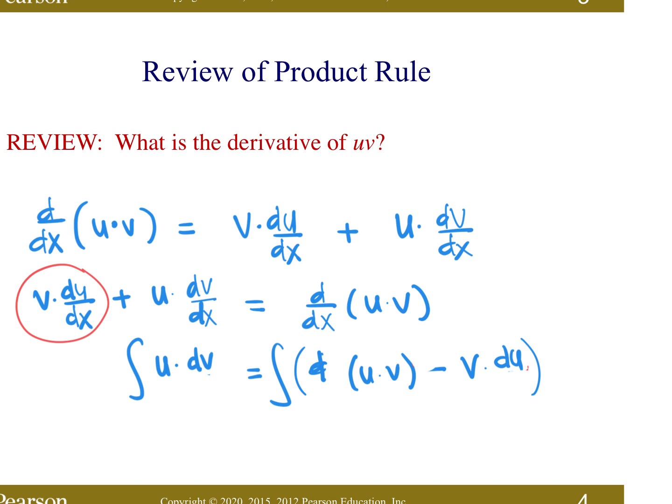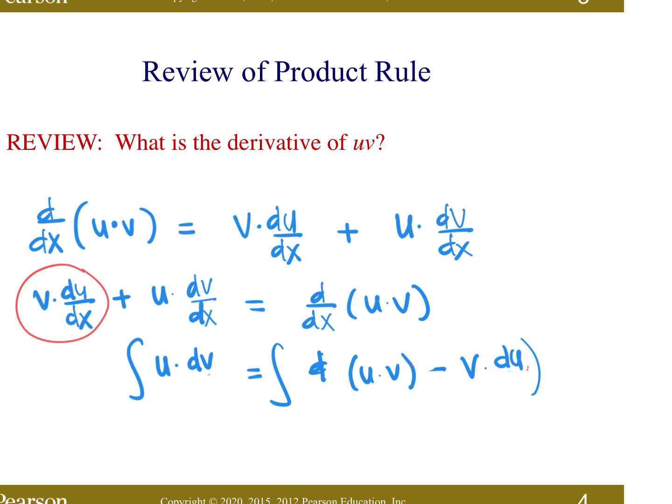Is it legal for me to distribute that integral symbol? Yes. Why? Because you can add and subtract integrals. And because this is a subtraction problem, it's legal for me to do that. So I'm going to go ahead and distribute.